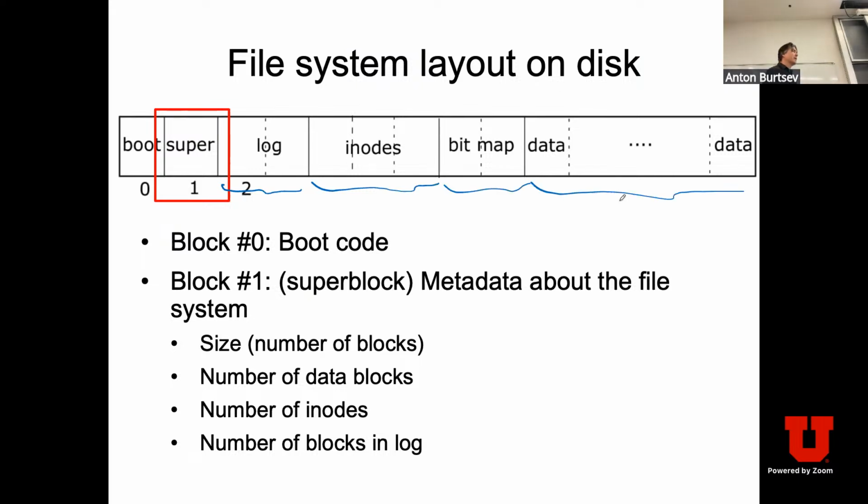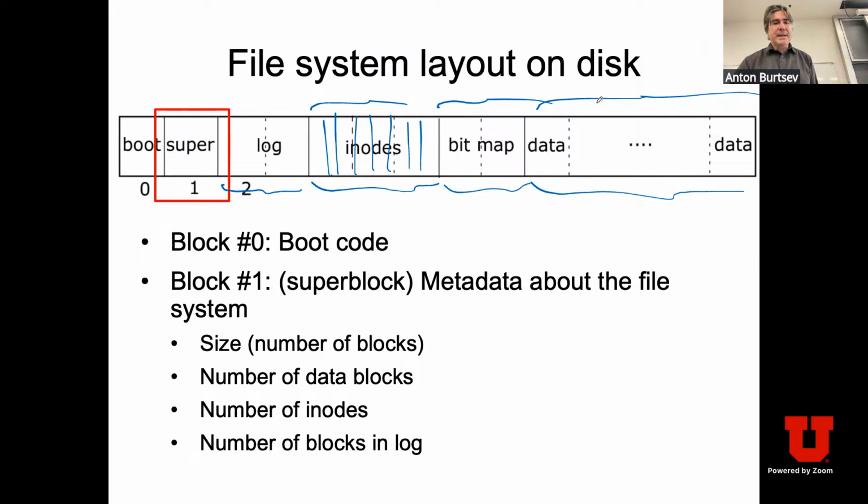And the moment you know the sizes, you know where they are, because the logging area is right above the super block. After that, the inode area, and this can be variable size, so you need to know how many inodes you have. After that, you have the bitmap area. And after that, everything is just data area, right?